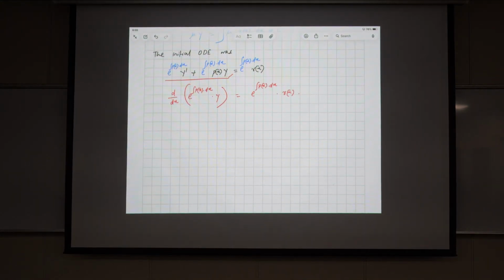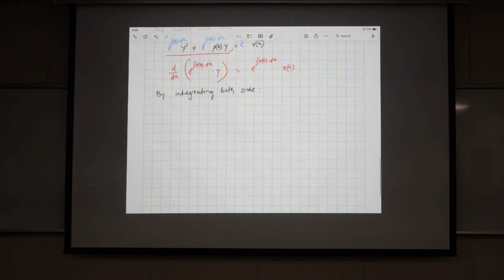Now what we can do is integrate both sides.